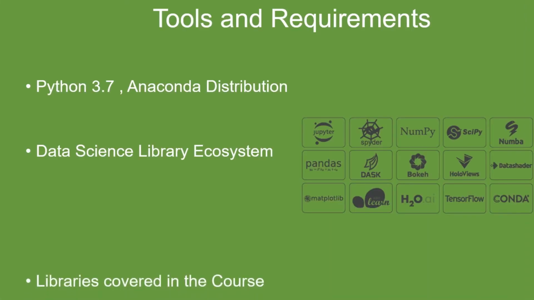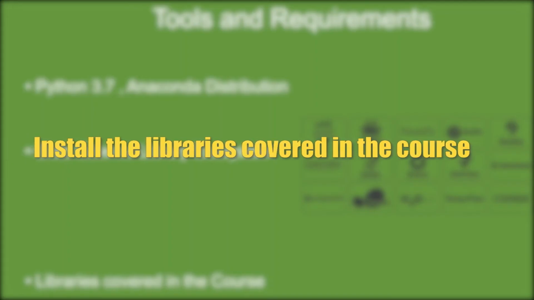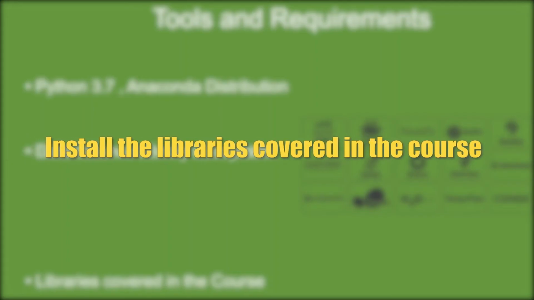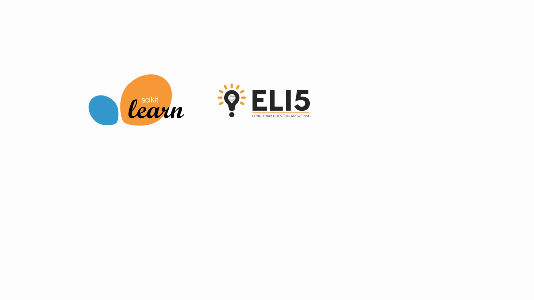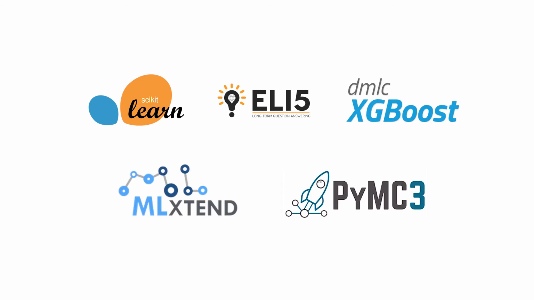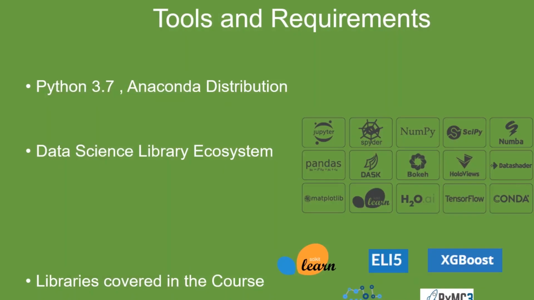The next step is to install the libraries that are covered in the course. Now these are the libraries we are covering as a part of this course: scikit-learn, ELI5, XGBoost, MLxtend, and PyMC3. So all these packages can be installed in your Jupyter version by running the pip install command, pip install XGBoost or pip install MLxtend.